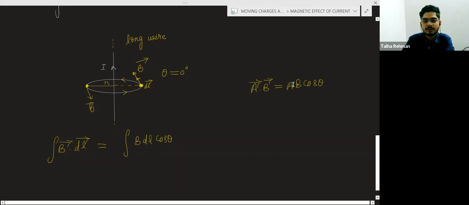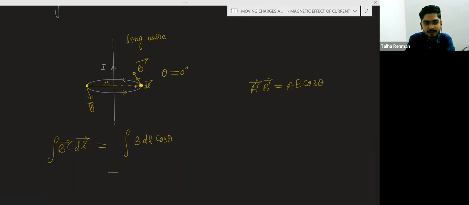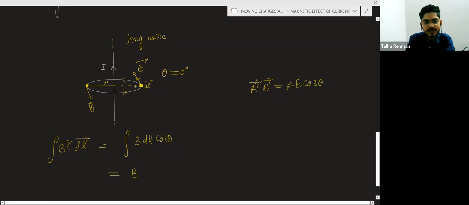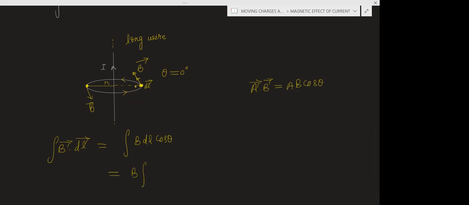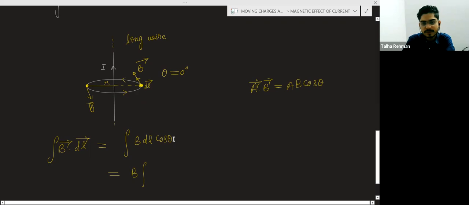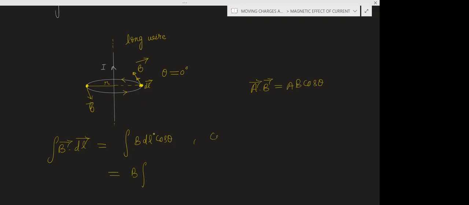Here the magnetic field is constant throughout this loop, so I can take the magnetic field out of the integration. Here cos theta will be cos 0, and cos 0 degrees is equal to 1.